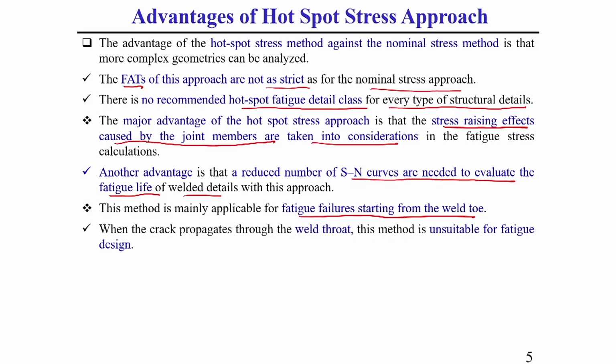So, the hotspot approach is used for weld toe fatigue failure. When the crack propagates from the weld throat, this method is generally unsuitable for fatigue design. This is also another point you should keep. So, this method is mainly used for fatigue failure in the weld toe zone.